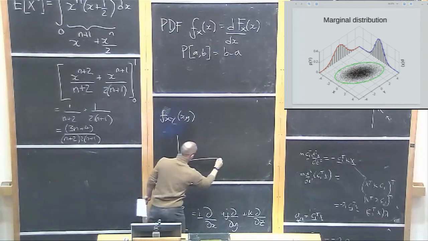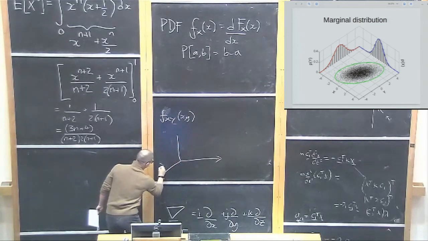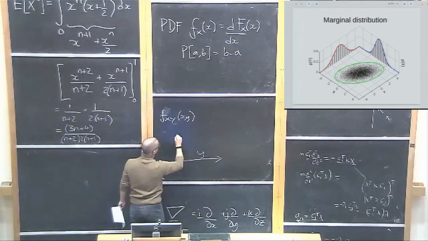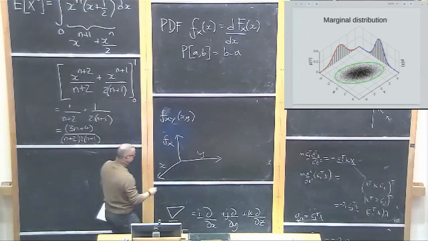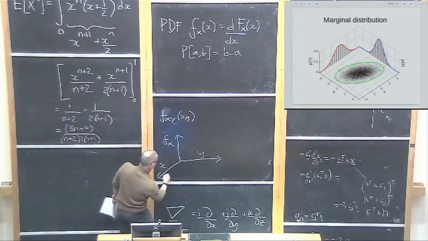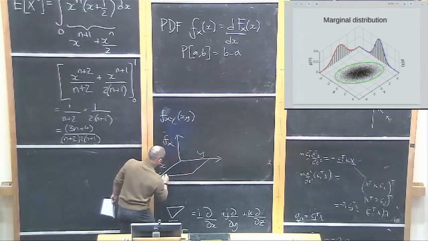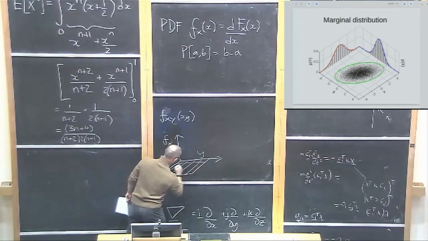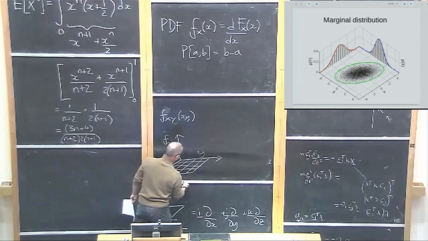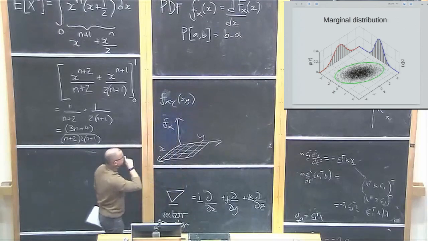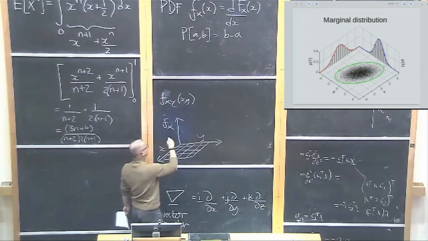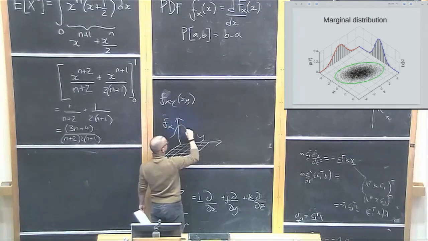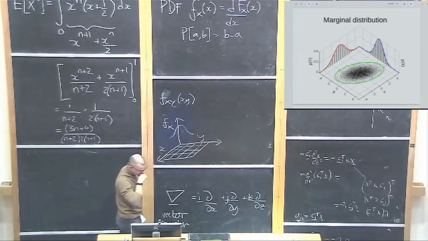If this is my x and y plane here on the bottom, then for each value of x and y, my probability density function has some value, which will look like some surface if I were to sketch it.